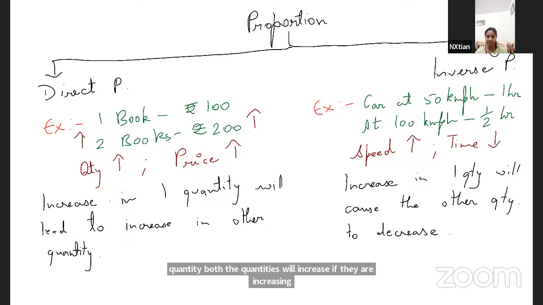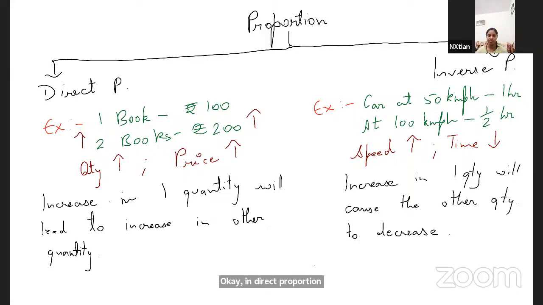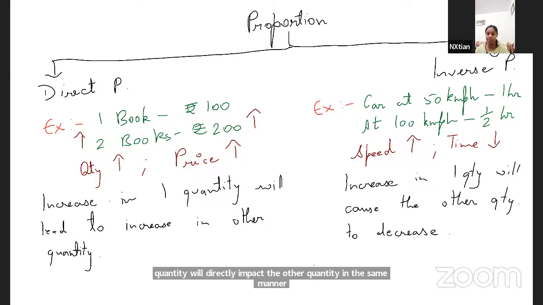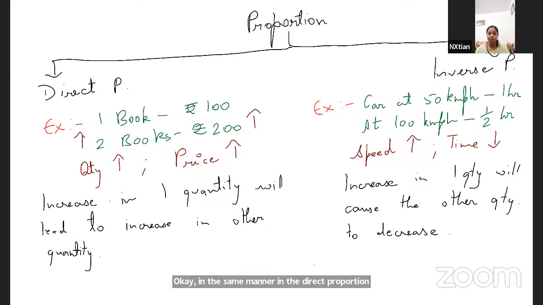One quantity directly impacts the other in the same manner. In most cases you cannot make it inverse.